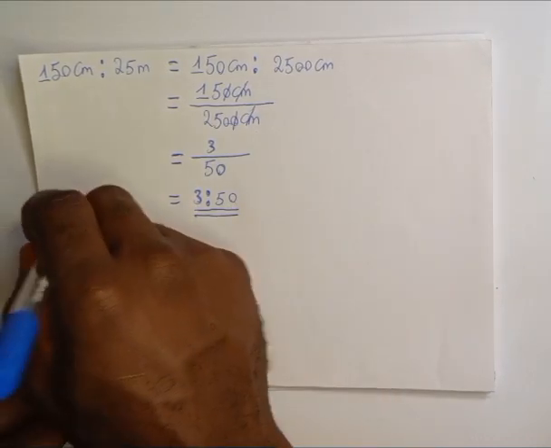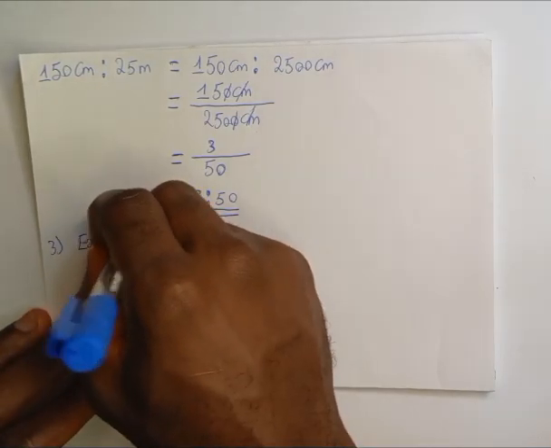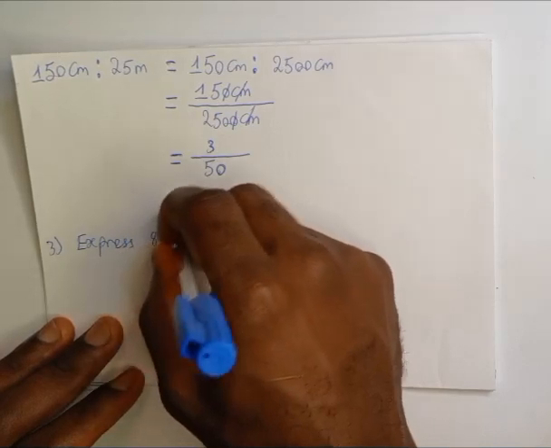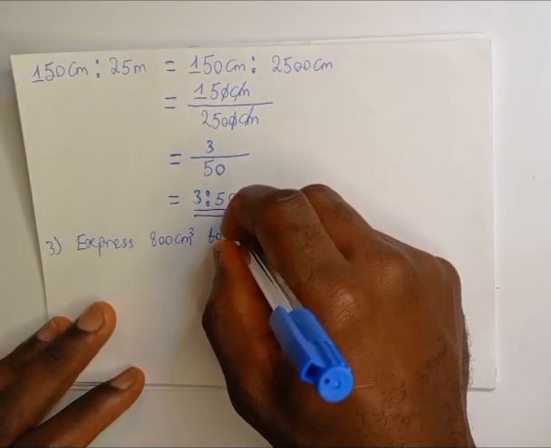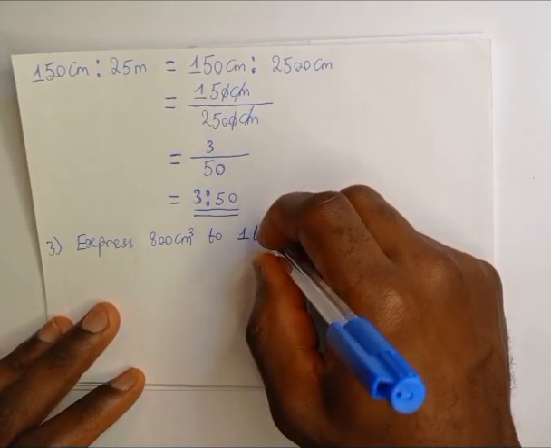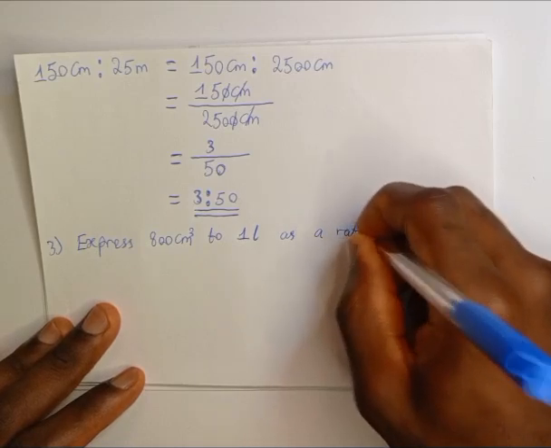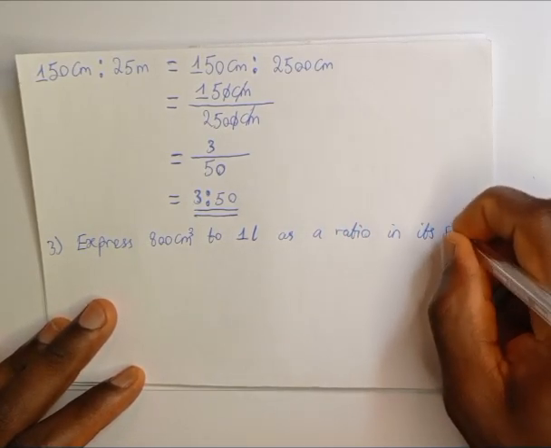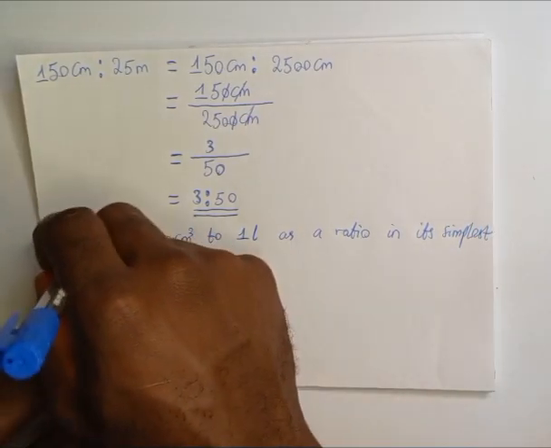We take now the next example, example 3, which says express 800 centimeters cube to 1 liter as a ratio in its simplest form.